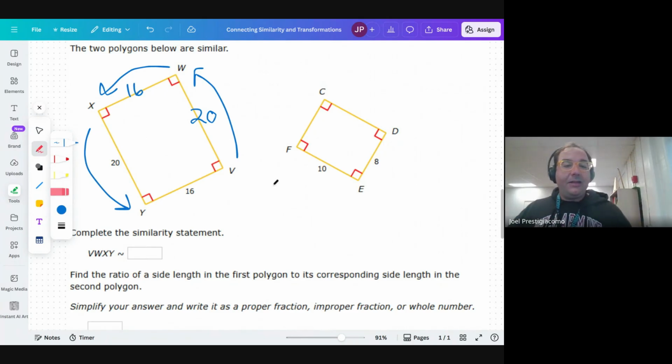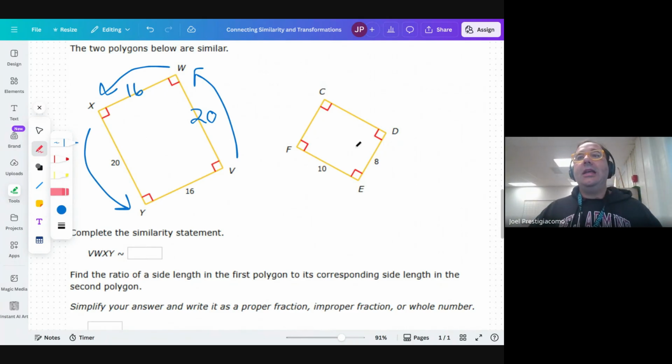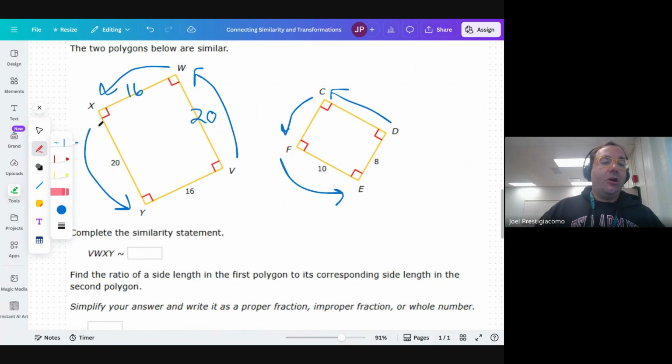We're going to do the same thing here. We can do D to C, C to F, F to E. There are a couple of other options we could do as well, but again, long, short, long. So I'm going to do D, C, F, E.